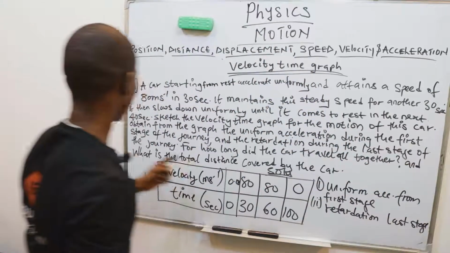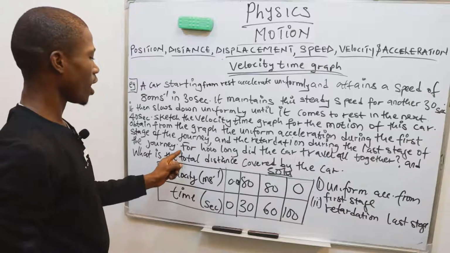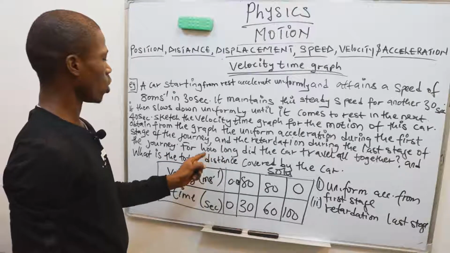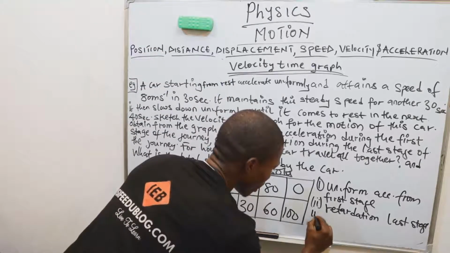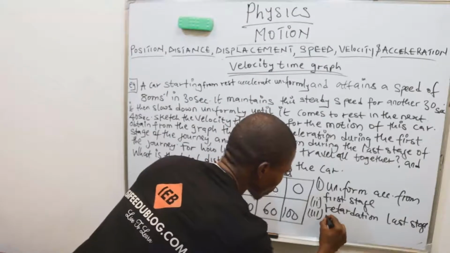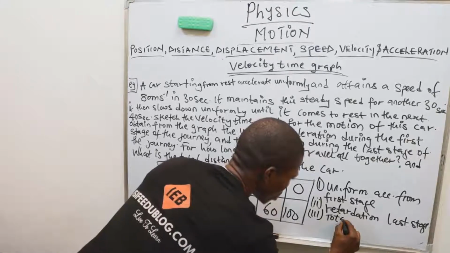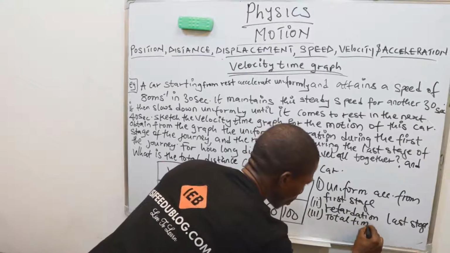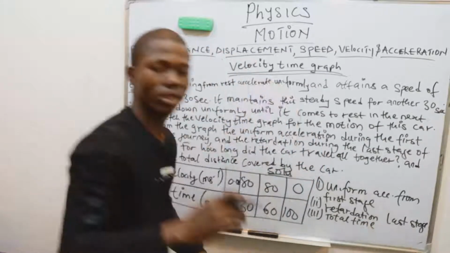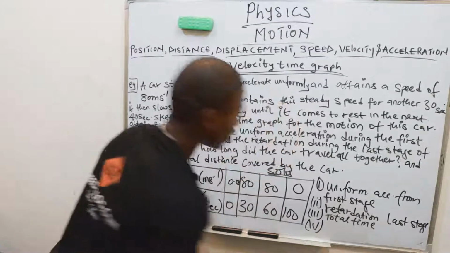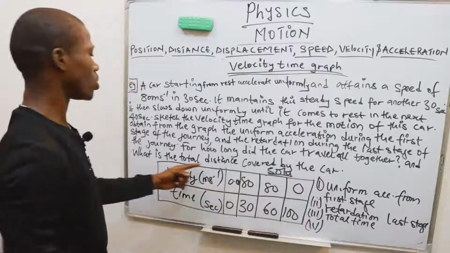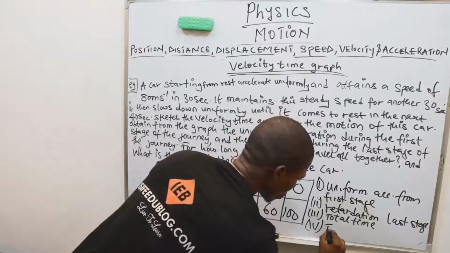The third part is, how long did the car travel altogether? That is the total time. Then our fourth part is the total distance covered.